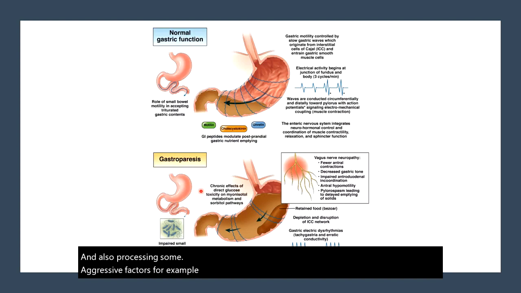Gastroparesis is when the emptying of the stomach does not occur because we have a gastric electric dysrhythmia caused by the effects of hyperglycemia on the nerves located outside or inside the layers of the stomach.